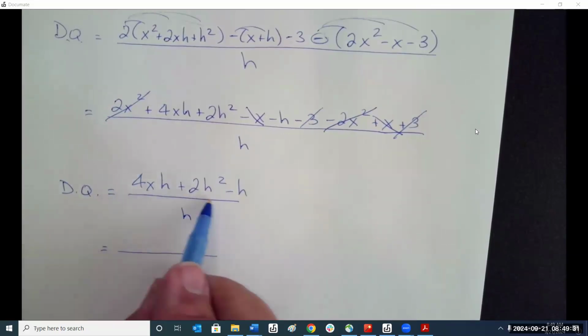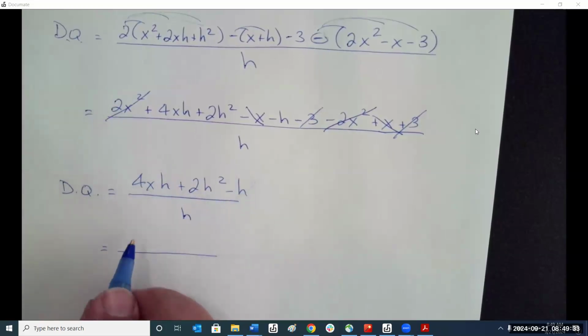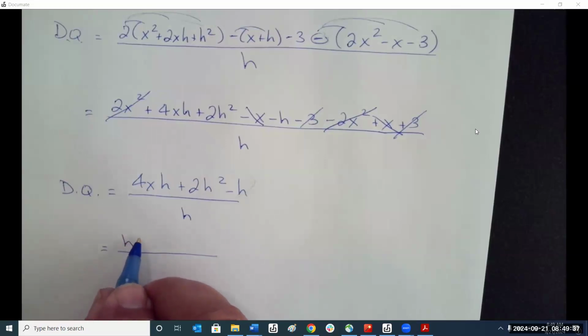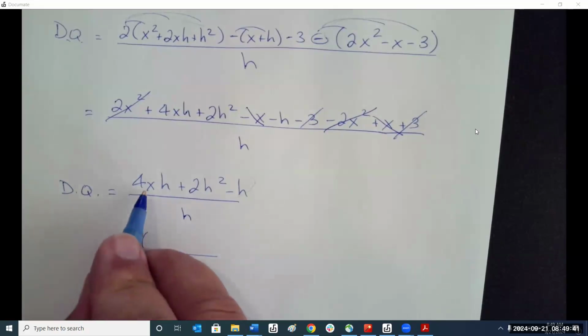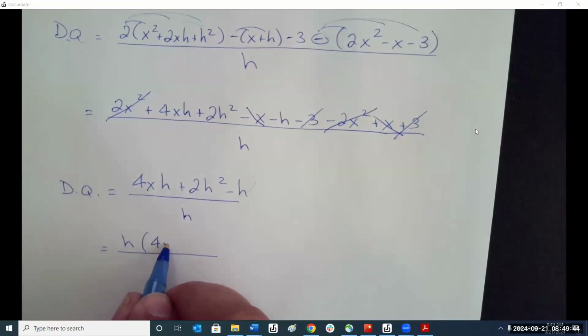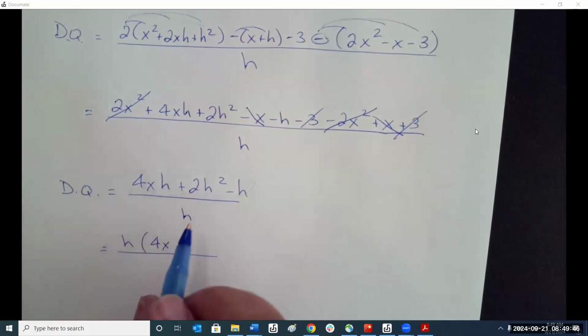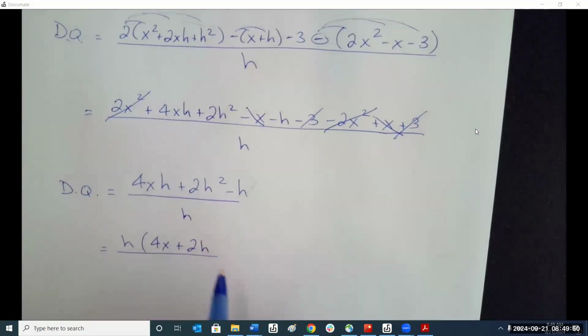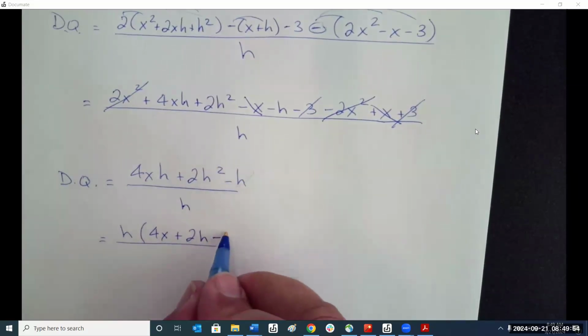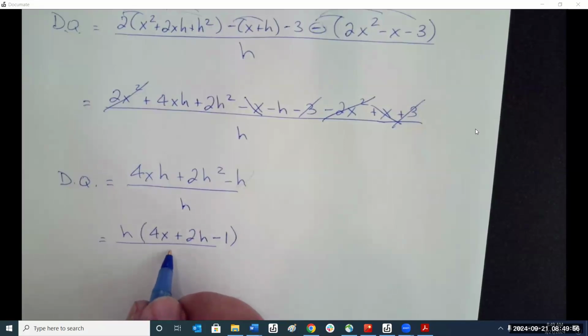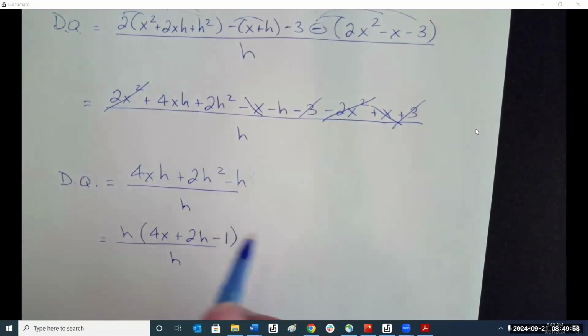We first have to, since we notice on top, every one of those has at least one h to it. So I could take out one h. That's all this one's got. That's all that one's got. If I take out one h from the first one, I just have 4x left. Plus 2. I have two h's here. I take away one, I only have one left. I took away this one. There's a 1.